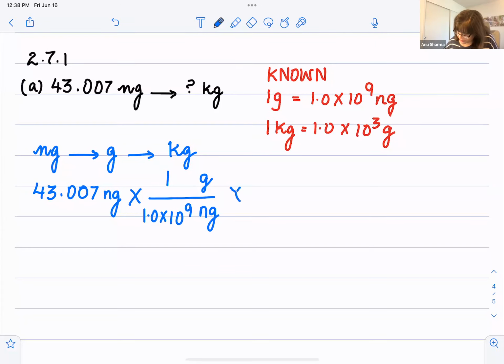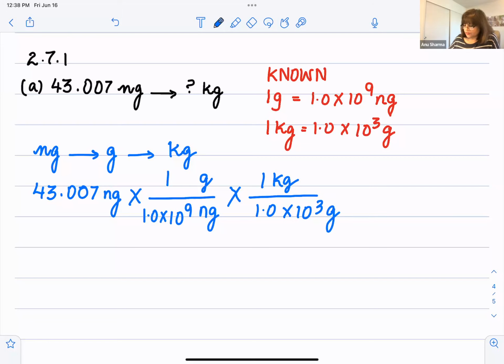Okay, this step brings it to grams. Next we need to convert to kilograms. So we know that 1 kilogram is the unit that we want, and 1.0 into 10 to the power 3 grams is what will allow the grams to cancel out. So this gram and this gram cancel out. This nanogram and this nanogram cancel out.